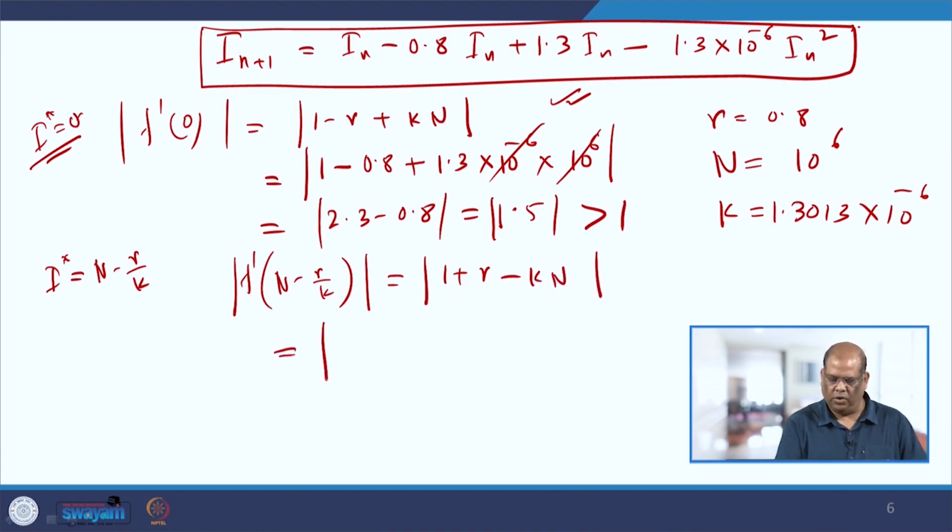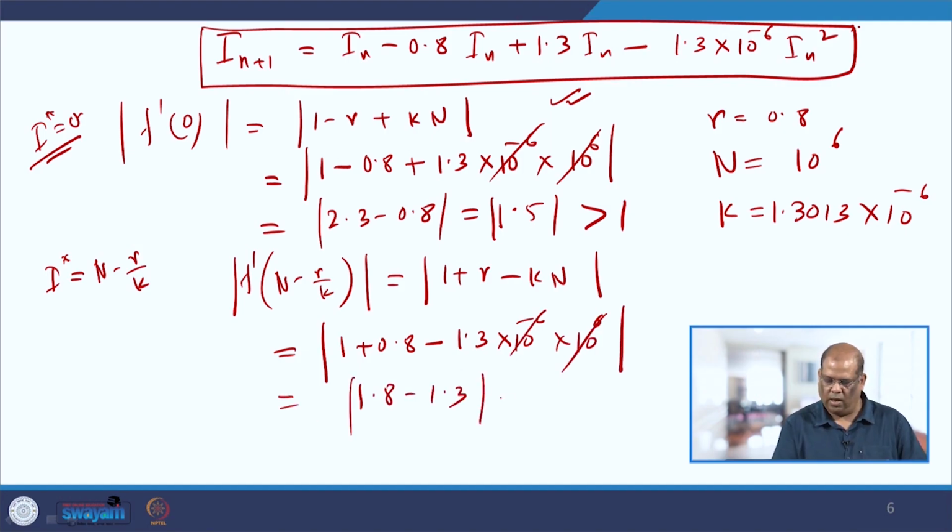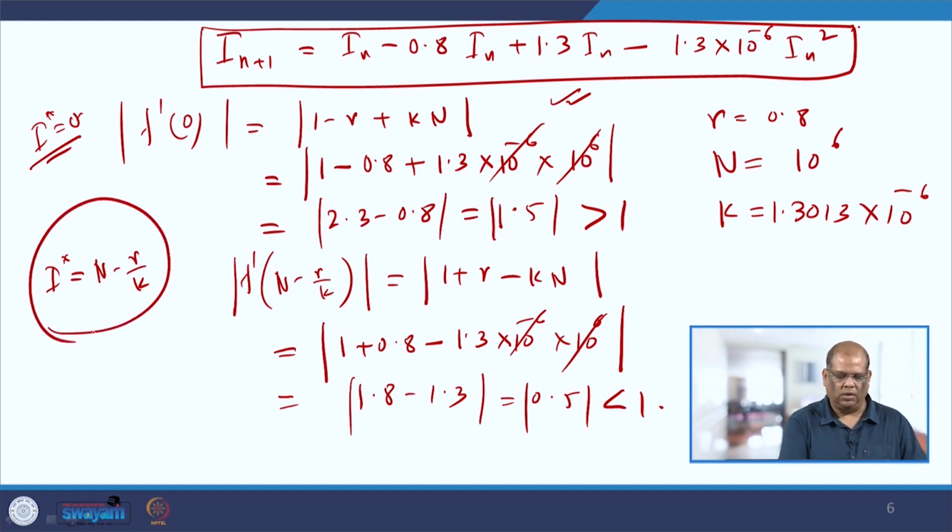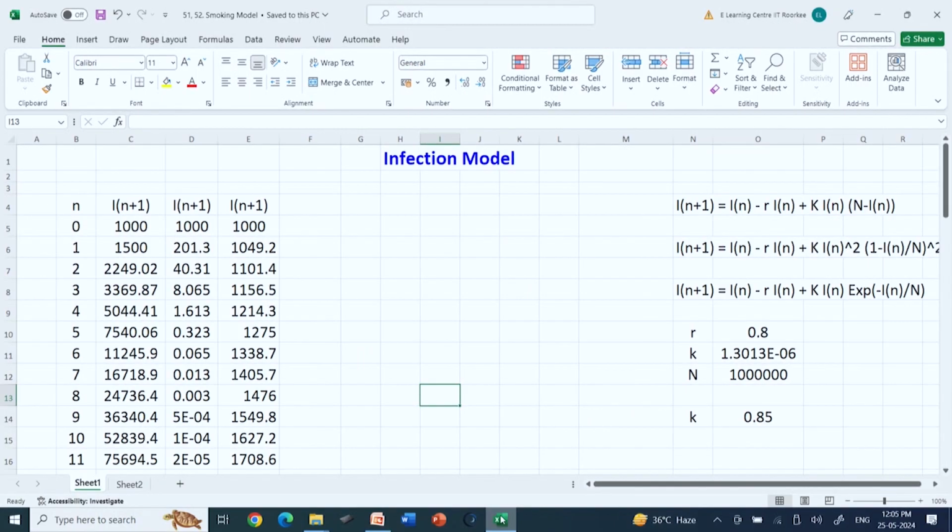So, if I substitute 1 plus 0.8 minus 1.3 into 10 to the power minus 6 into 10 to the power 6, I get 1.8 minus 1.3, which is 0.5, less than 1. So, the system is stable about this equilibrium point and it is not stable at the equilibrium point I star equal to 0. Let us now check this numerically.